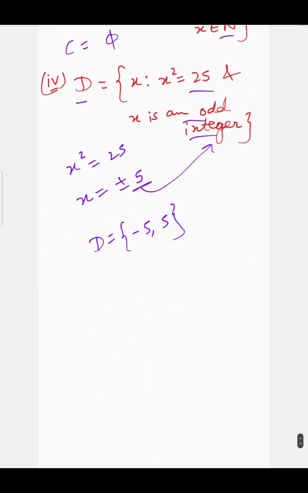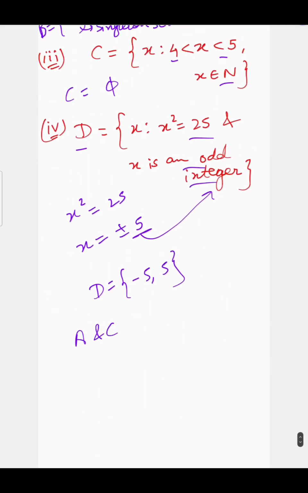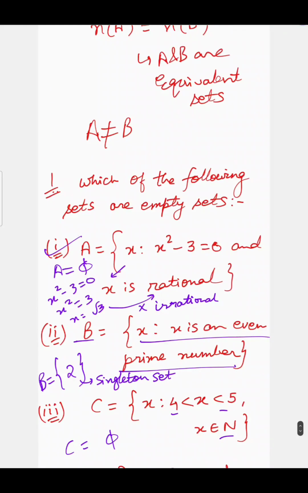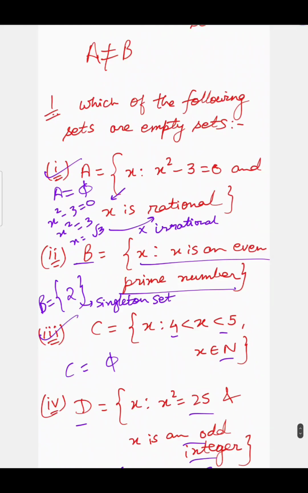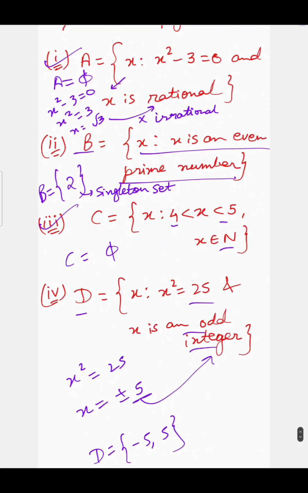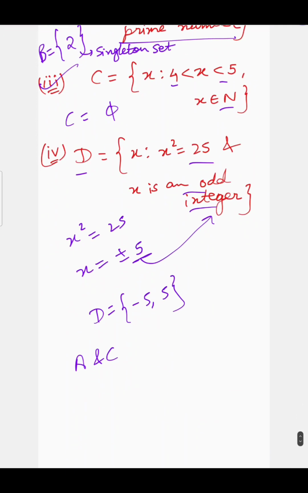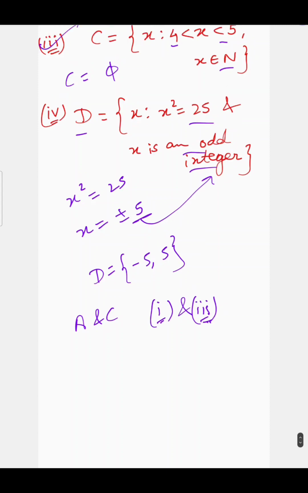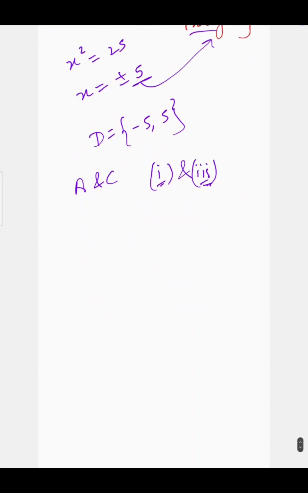So that means A and C are correct options, means 1 and 3. 1 and 3 will be the answer. Easy question. Next question. Question 2.